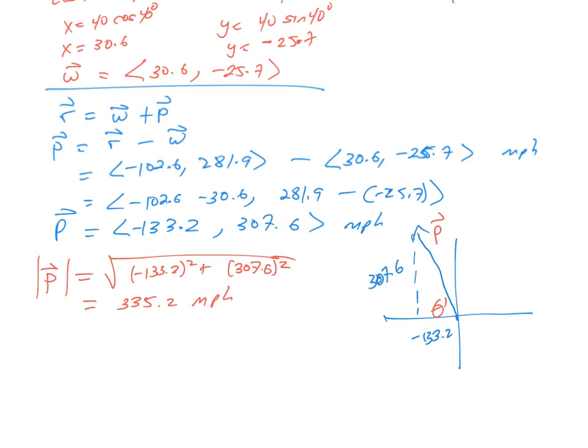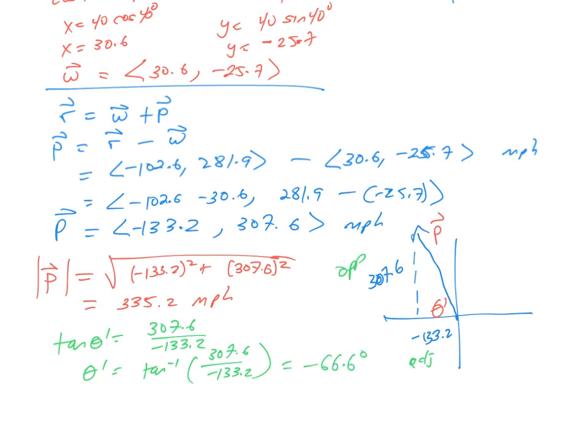And then to find the direction, I'm going to use right triangle trig. I'm going to say tangent theta prime is going to be the length of the opposite side, which is 307.6, over the adjacent side, negative 133.2. So theta prime is tangent inverse of 307.6 over negative 133.2. So theta prime is negative 66.6 degrees. Remember, we have to make sure that that angle makes sense.